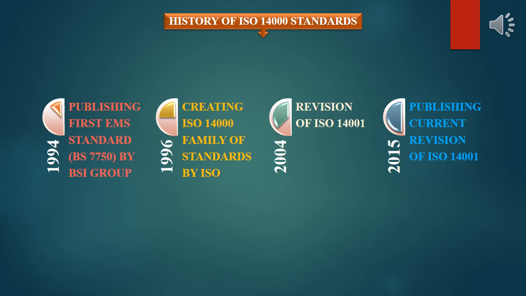In 2004, the ISO 14001 guidelines were revised. In 2015, the current revision of ISO 14001 was published. This is about the history of ISO 14000 standards: 1994, 96, 2004 and the current version 2015.